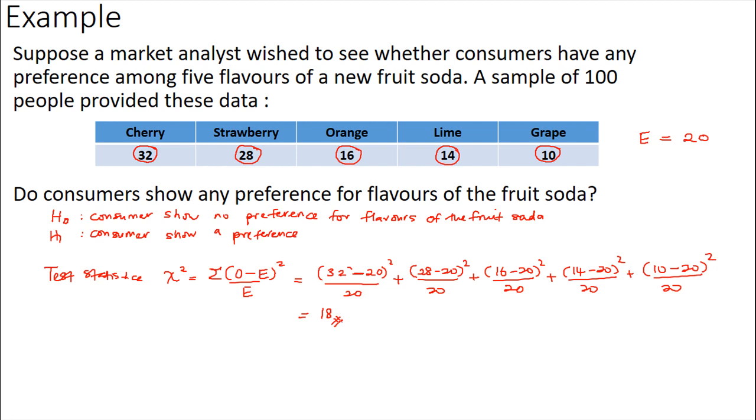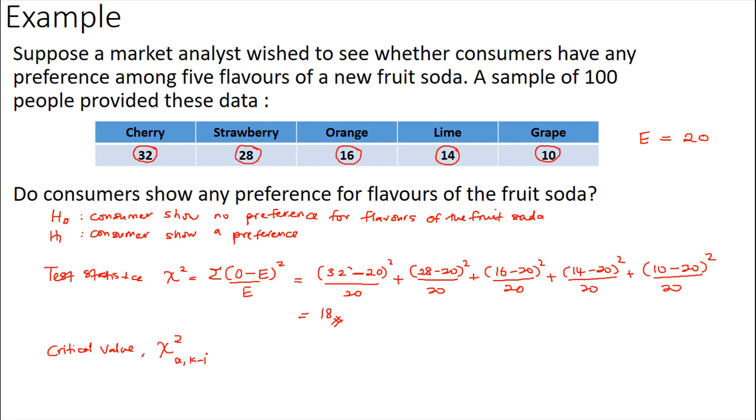So now we have to compare with the critical value to decide whether we reject H naught or fail to reject H naught. The critical value comes from the chi-square distribution table, where you refer to chi-square alpha, k minus 1. k is the number of categories.